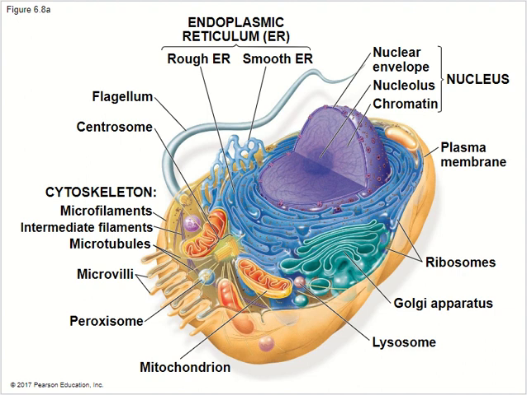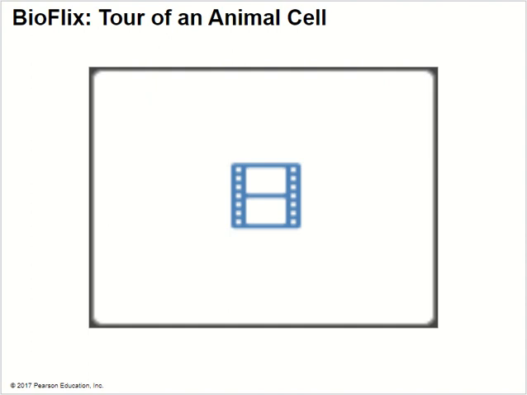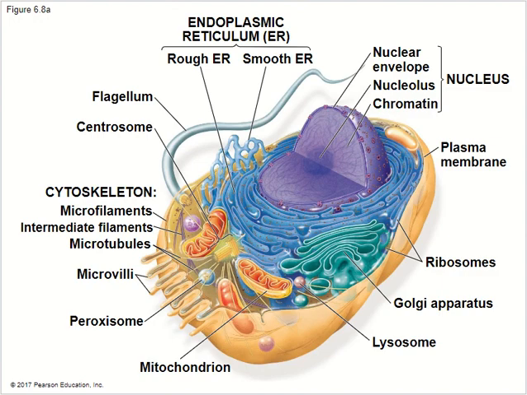lysosomes, mitochondrion, the singular of mitochondria, the powerhouse of the cell. Can't have a biology class without saying that at least once. And many other factors as well. The nucleus, which includes the nuclear envelope around it, the nucleolus, which is the center, and then the in-between area of chromatin, genetic material.